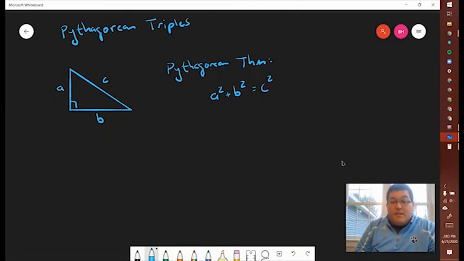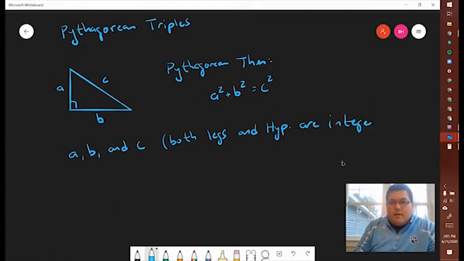And what's really nice about this is that A, B, and C, right, both legs and the hypotenuse are integers. And those are just a lot nicer to deal with than other types of numbers, right?